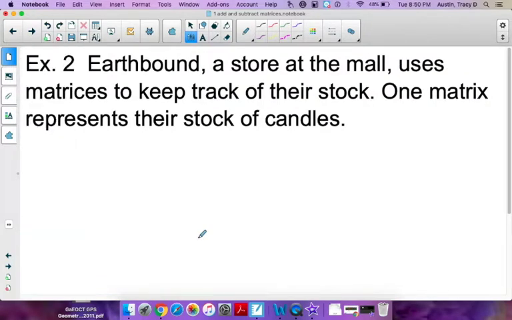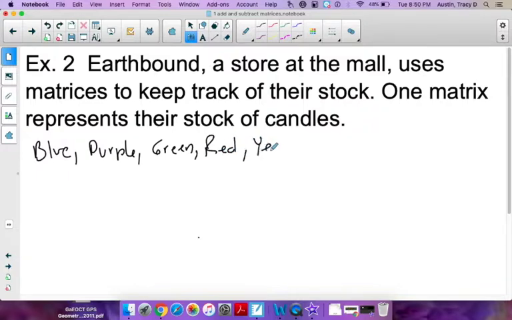Okay, so another example, this is their stock of candles. For those of you who've never been in Earthbound, they sell a whole bunch of stuff. So I'm going to say that they have blue, purple, green, red, and yellow candles in small, medium, and large.